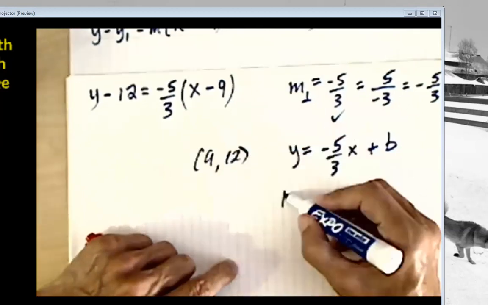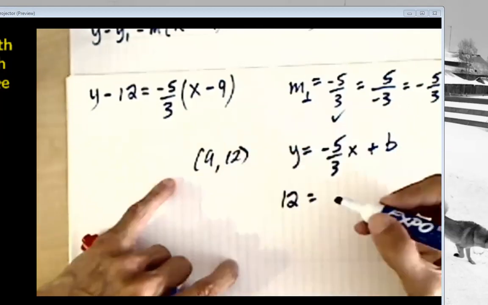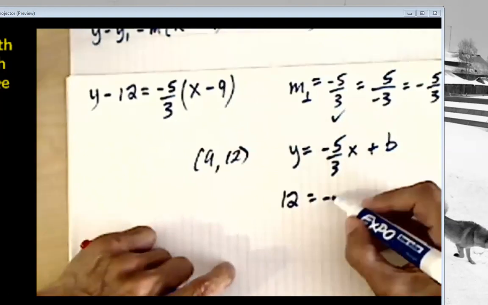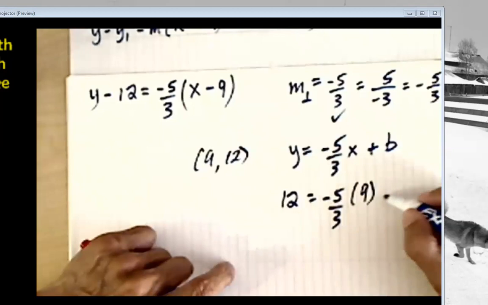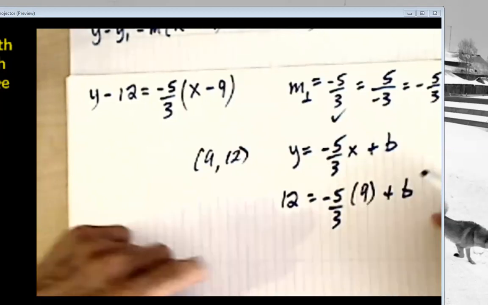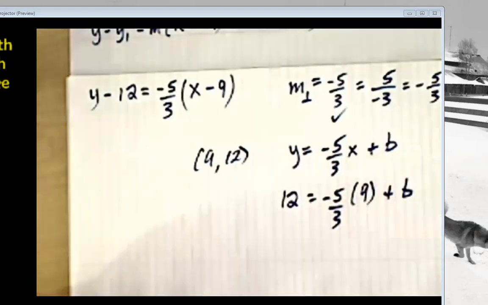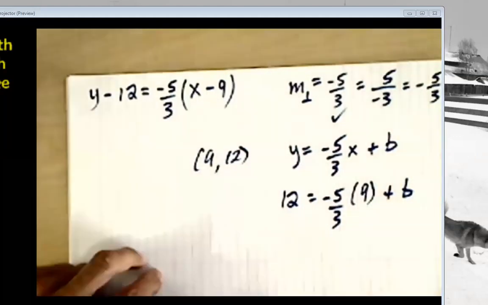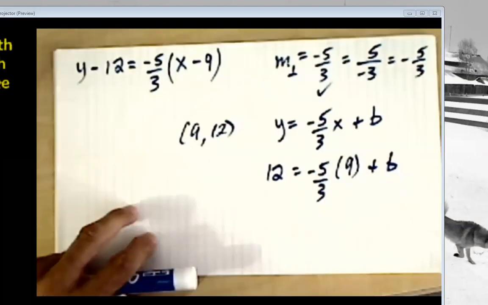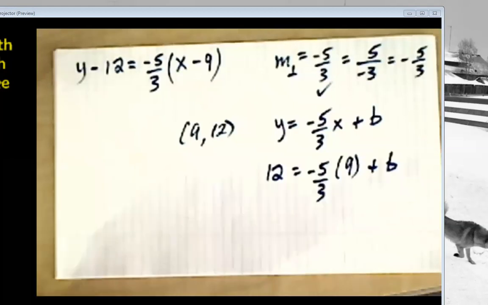So that means the 12 goes in for the y, and the 9 goes in for the x there. And now it's just algebra to solve this thing, right?